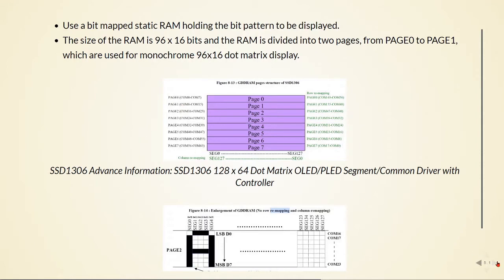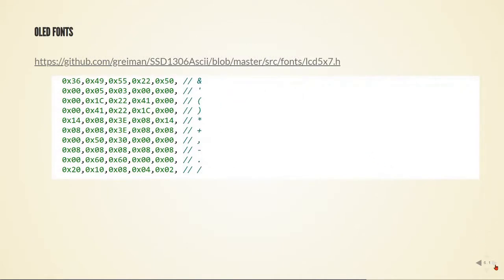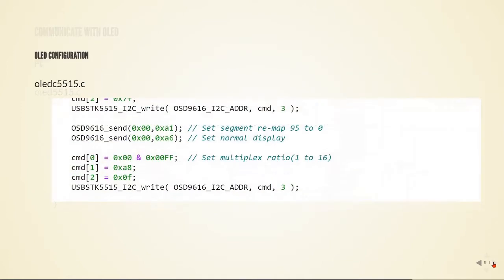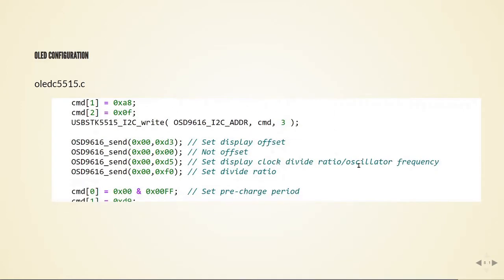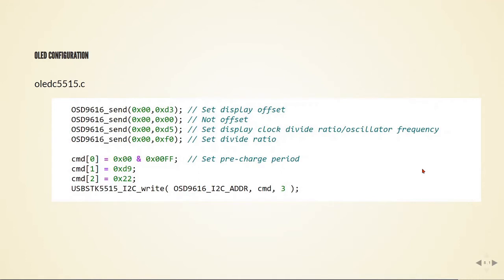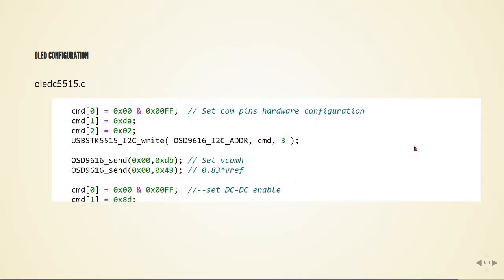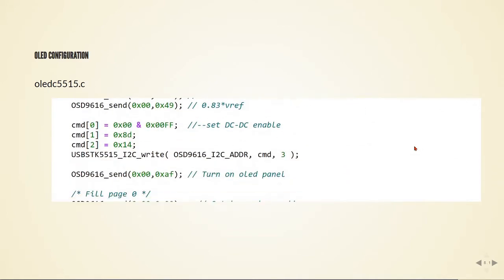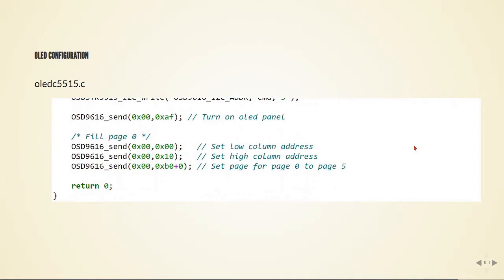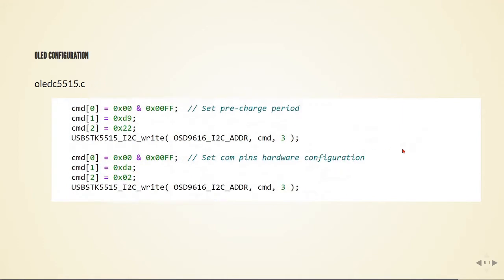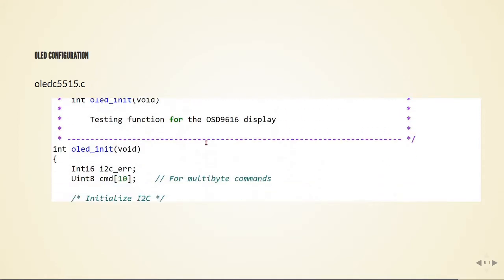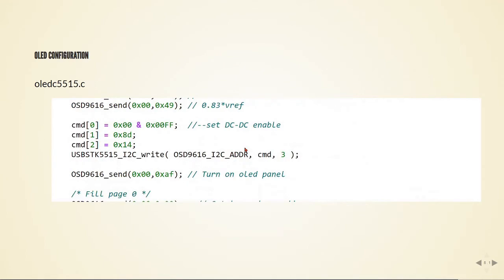That can be very useful. And here we can set offsets. We need to set the clock, we need to set some voltage levels. Then we also need to set the column addresses and the page. So this is the initialization of the OLED.